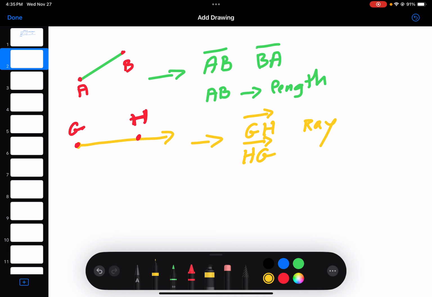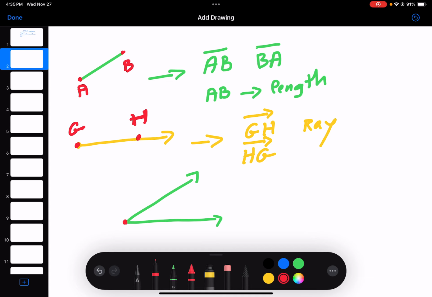A vertex. What is a vertex? Let's change colors again. A vertex is the point of intersection of two or more line segments, rays, or lines. So let's just say, for example, we have two rays, and we can put some points on there.